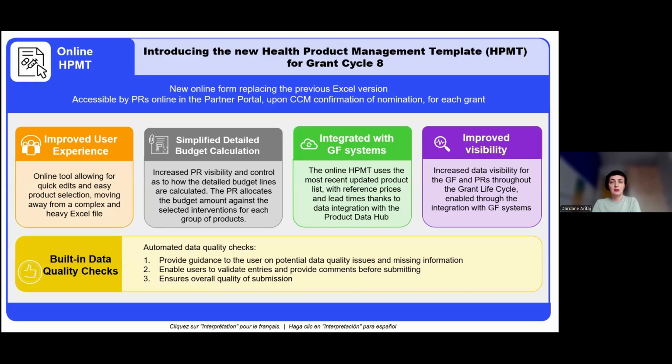Now that the template is integrated with GF systems, the HPMT uses the most recent updated product list with reference prices and lead times, thanks to data integration with the product data hub. So this will be automatically aligned and updated with the Wambo catalog, with the product data hub that we have, and all the details that we will populate there, the unit cost and the lead times, so that every time the user is in the HPMT platform, they will have the latest information automatically available.